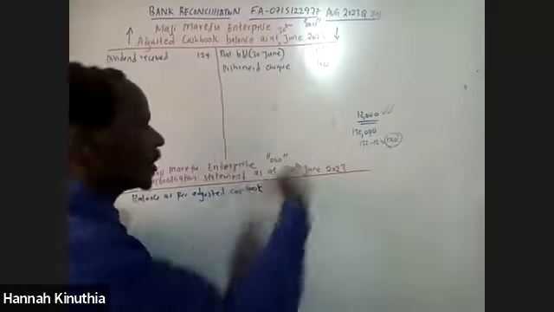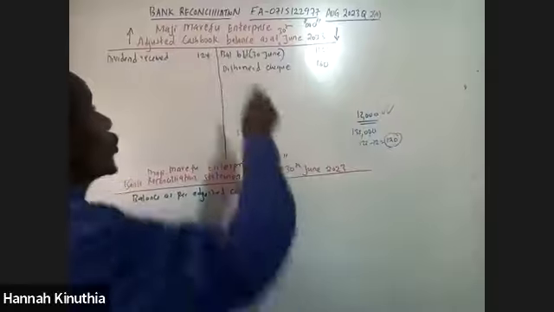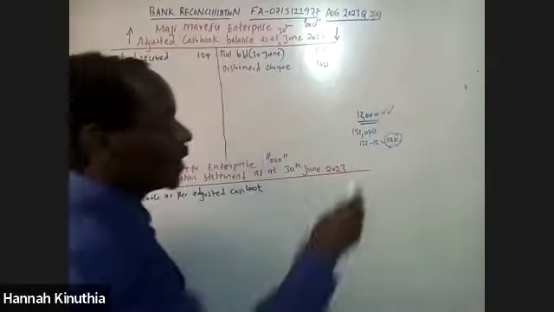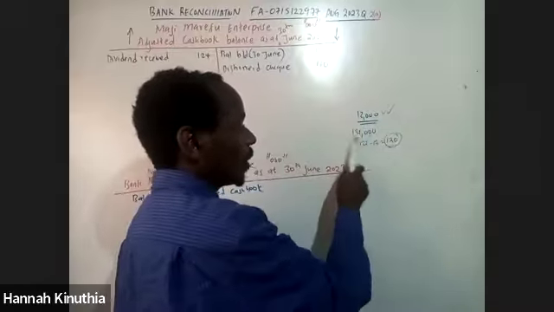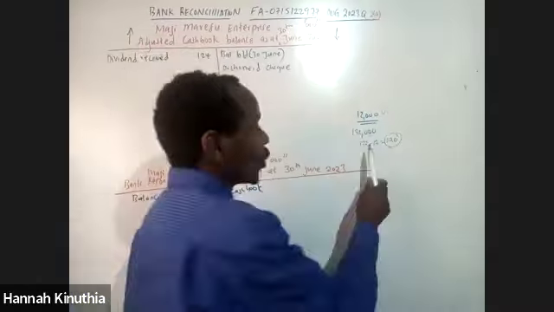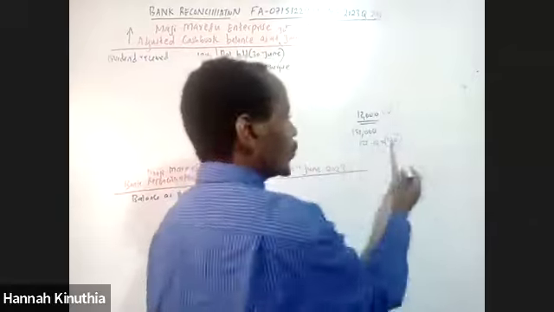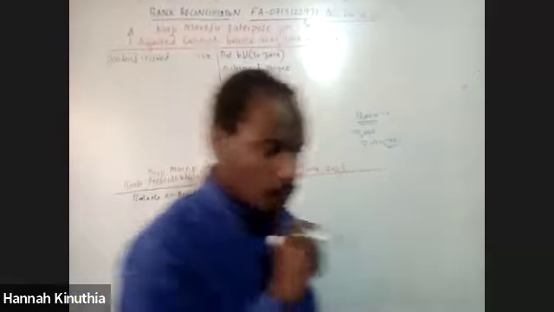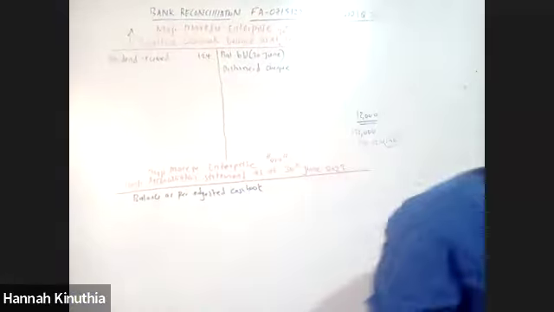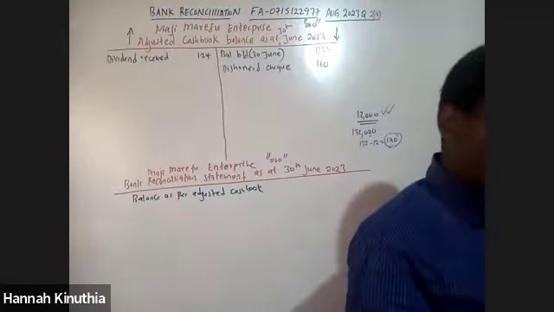So bank statement iliweka vizuri. Lakini sisi tukuja kurekodi kwa cash book, tukarekodi 132. Meaning tumerecord an overpayment of 120. Is that correct?